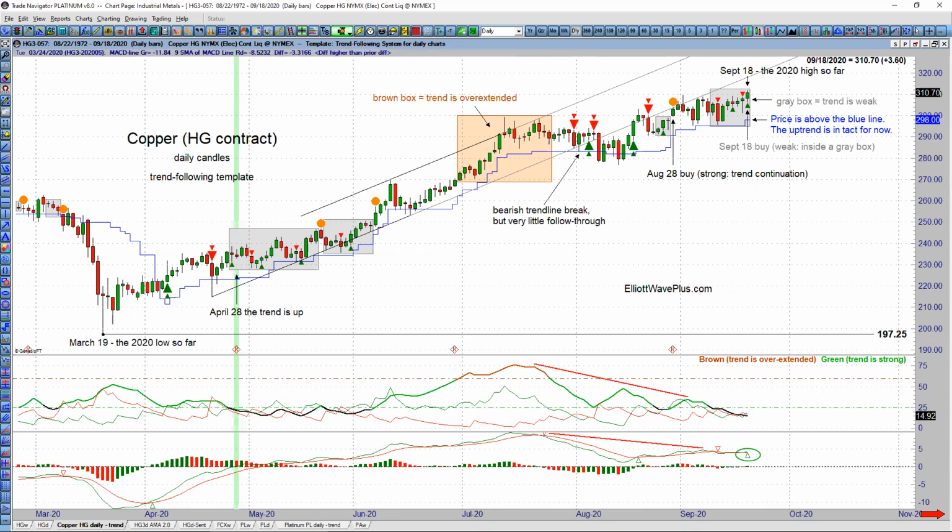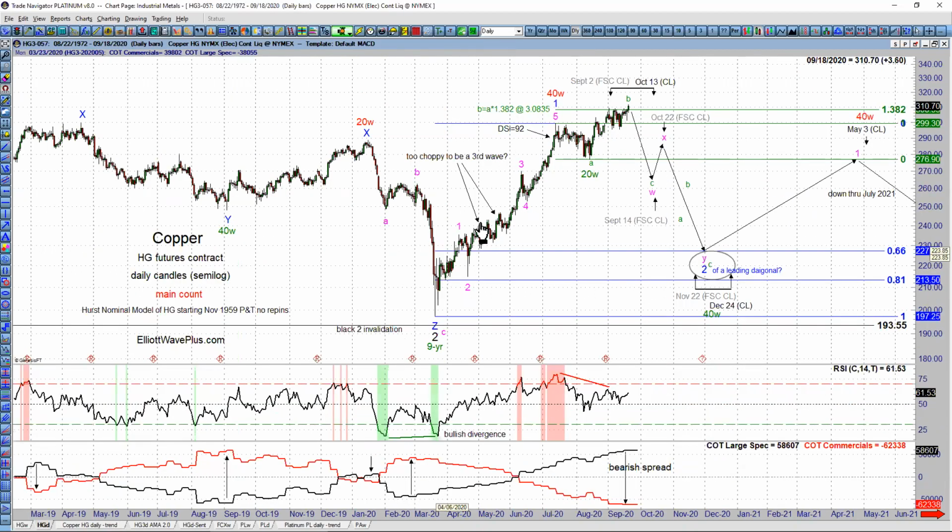The lower FSC date was the next one. So the FSC cycle has been bearish from a peak, an apex, if you will, September 2, and a move down through September 14 next. Wait a minute. That isn't right.